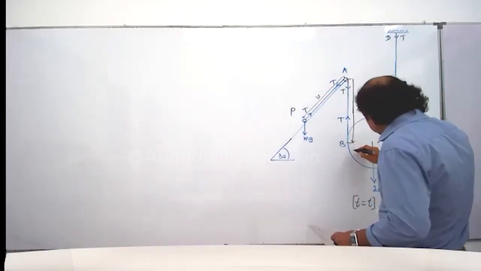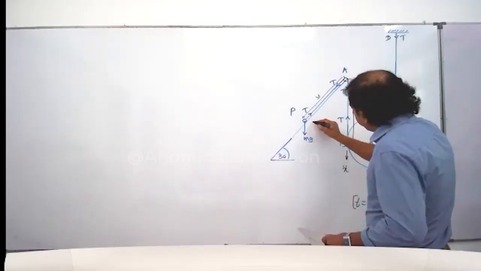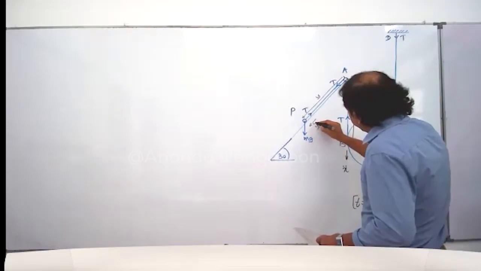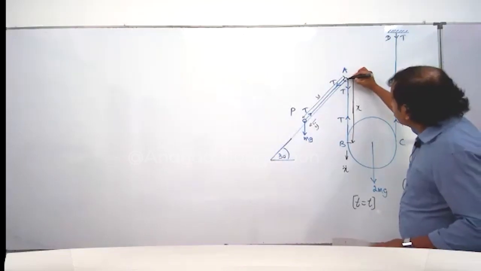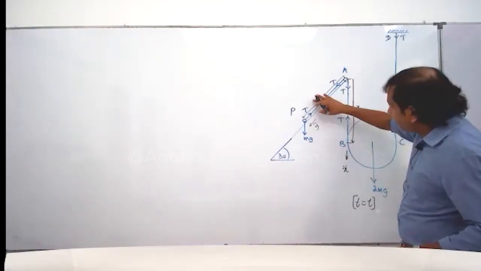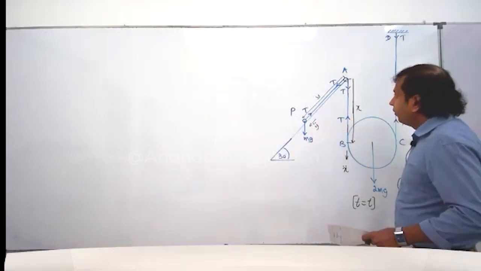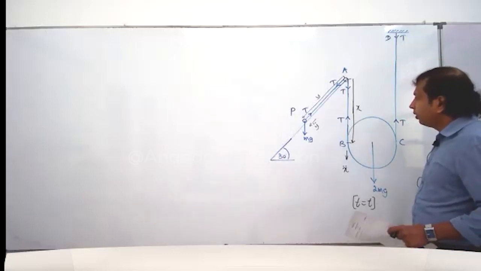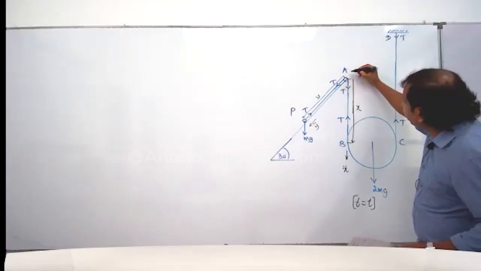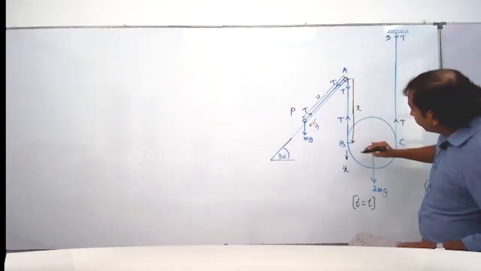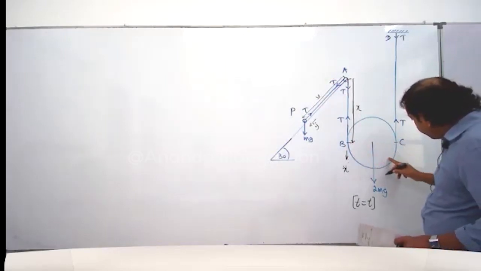At time t, the acceleration of this is x double dot. Here, y double dot. Both y and x have been measured from a fixed point on the ground, so both accelerations are relative to earth. Then you can write the length of the string at time t. From here to here, y. There's a small part here, that is a constant. Here to here, x. And this semicircumference is a constant.